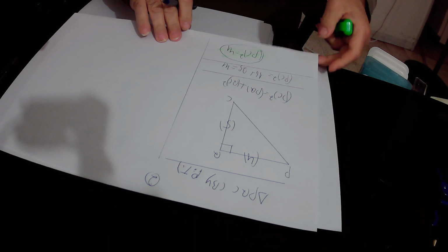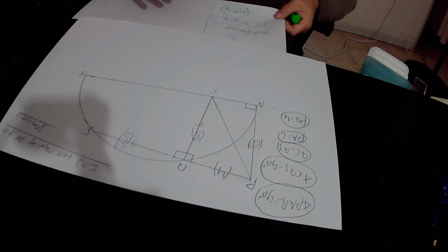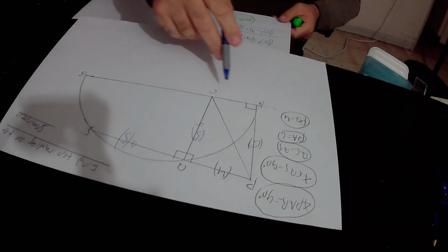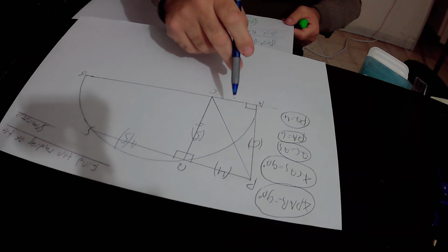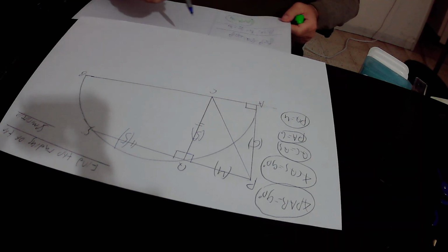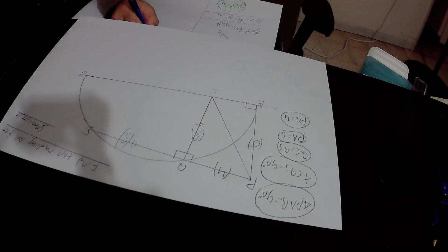In the next step, I will copy the right triangle PAC onto a new page here, and we will apply the Pythagoras theorem on this right triangle PAC. Again, PT is the abbreviation for Pythagoras theorem.